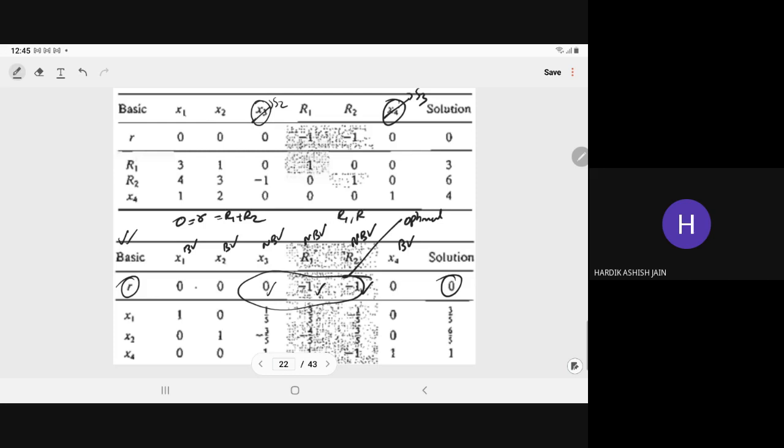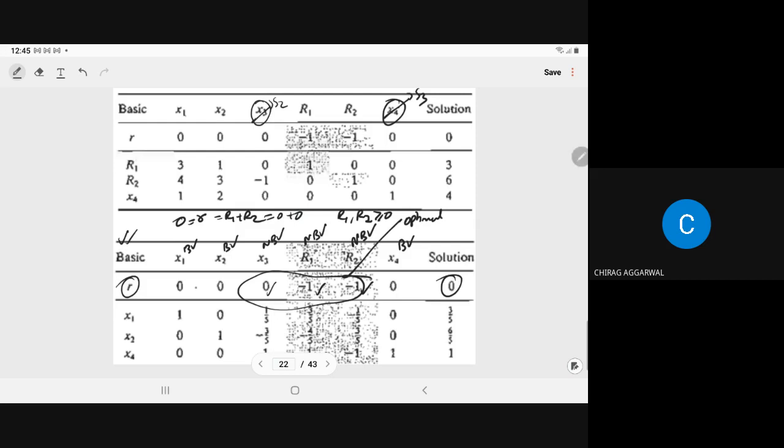It is possible if R1 and R2 are both non-negative and both are 0. That's all we want, that our artificial variable should be at 0 level. So this is the optimal table of phase 1.